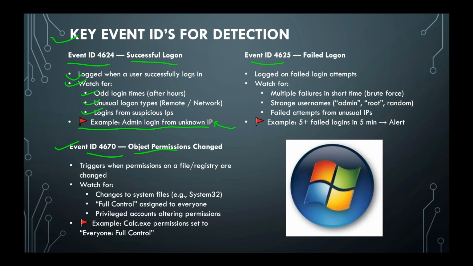What to look for: multiple failed attempts in a short period of time, unusual usernames like admin, root or random names, and also unfamiliar IP addresses attempting logon. Detection tips: a high volume of failed logon attempts from the same IP address or account name could indicate a brute force attack. So set up a threshold, if the failed logons exceed a certain number like 5 attempts in 5 minutes.